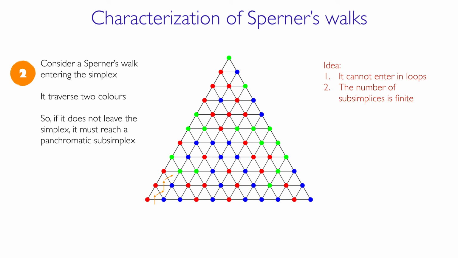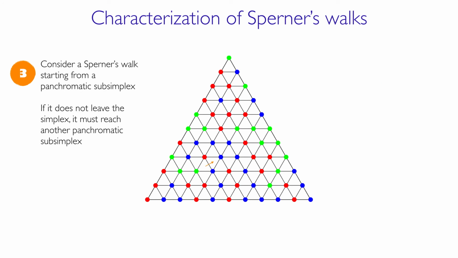We already know that a walk cannot enter a loop and that the walk can terminate only in a panchromatic subsimplex. Since the number of subsimplices is finite, if the walk does not leave the simplex, it must terminate in a subsimplex, and this must be panchromatic.